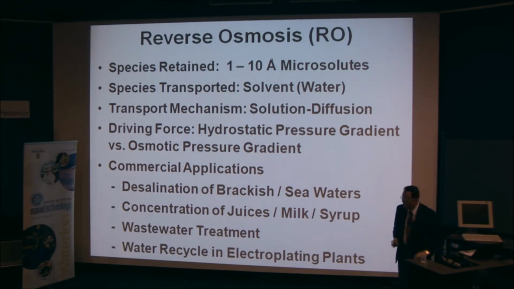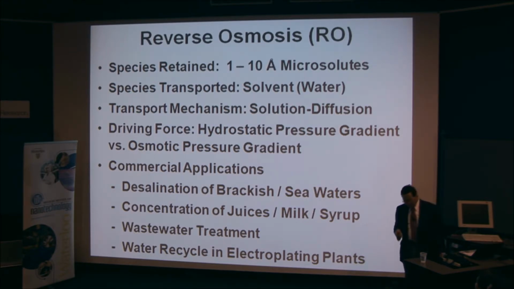All right, let me shift gears to the reverse osmosis membrane. As you know, for a reverse osmosis membrane, any species, particularly sodium chloride, salt, is what we try to use the membrane to reject.